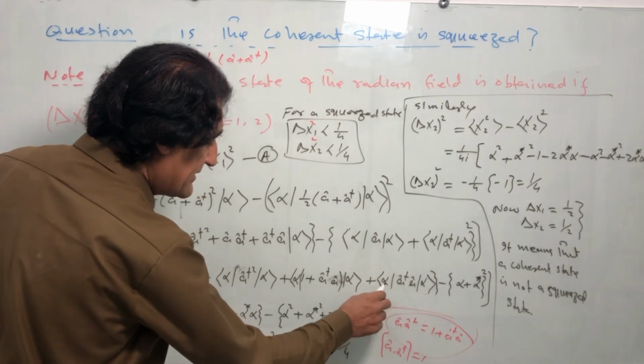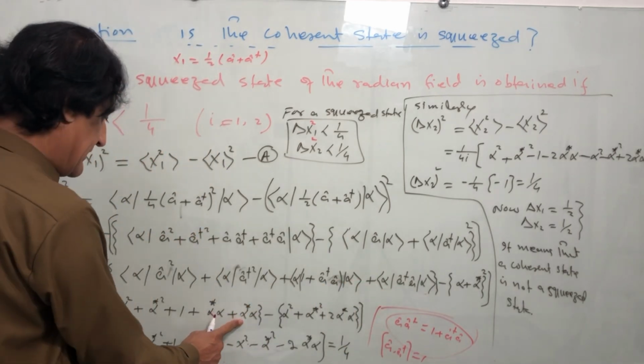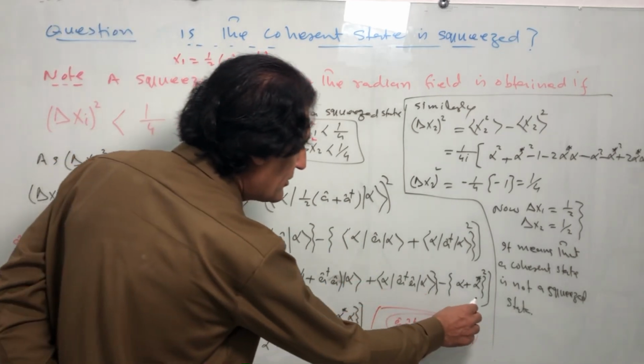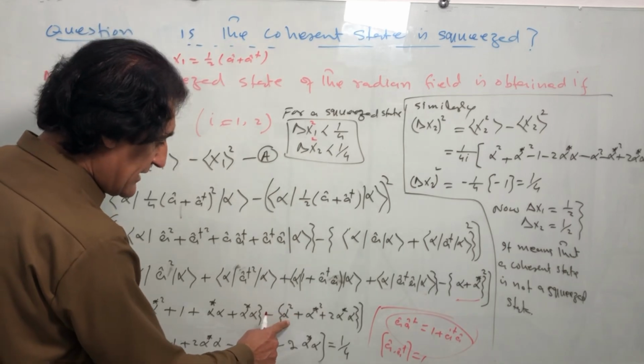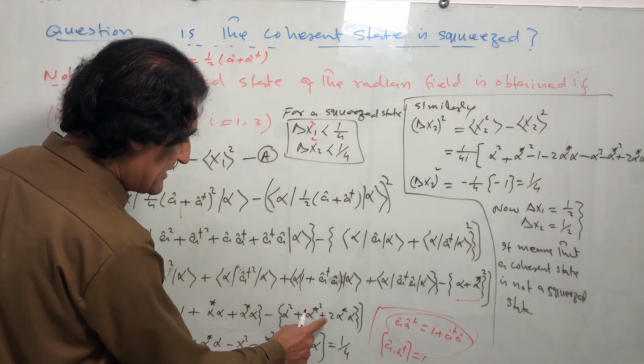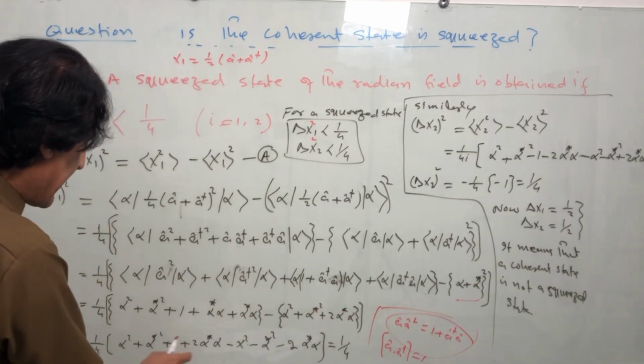Now expanding, we get alpha squared plus alpha star squared plus 2 alpha star alpha.